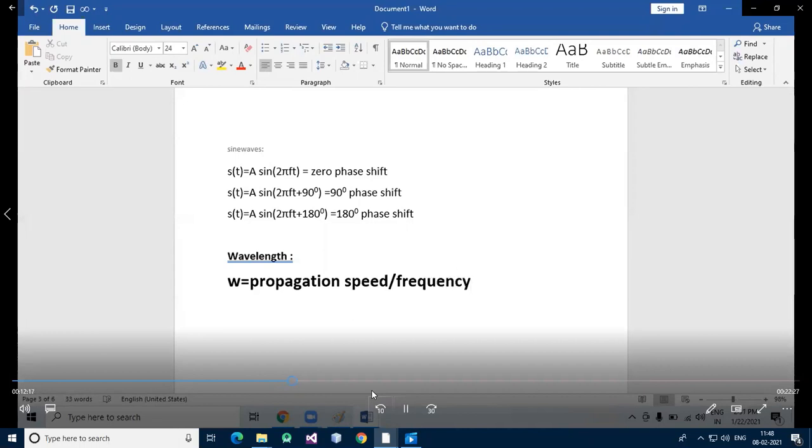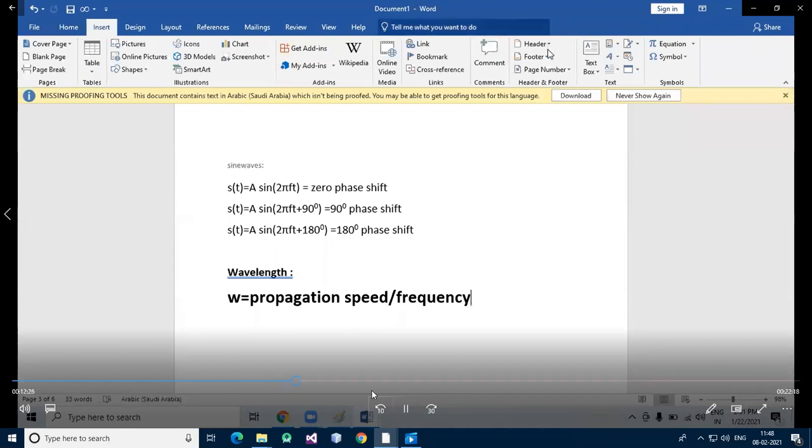This is the formula of wavelength. So if you want to find the wavelength, wavelength is defined as propagation speed upon frequency.